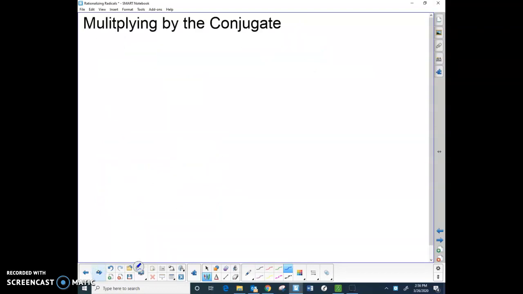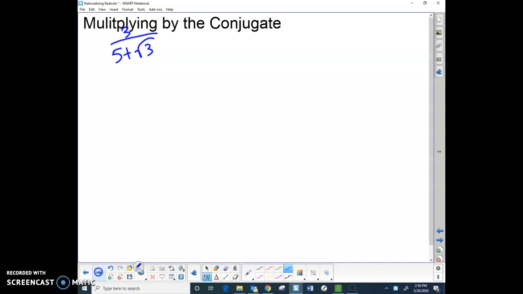All right, so the conjugate, multiplying by the conjugate. So the conjugate just means that I have something like 5 plus the square root of 3 on the bottom. So let's say I've got 3 over there.